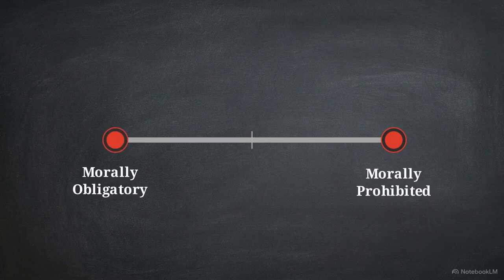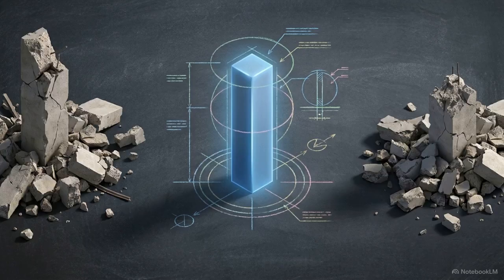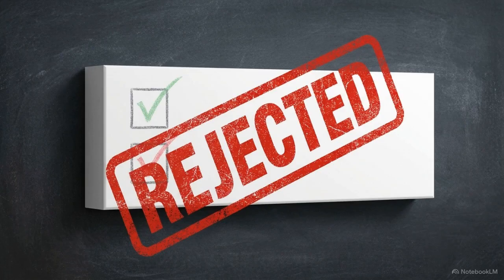But if we shatter that assumption, the node breaks free, gliding to the center to identify a valid third option, morally permissible. By inserting this valid middle ground alternative, the rigid logic of the original argument collapses. Both of the initial extremes can be false. Because the argument omitted the permissible middle ground, its foundational premise is unacceptable. The conclusion simply cannot logically follow.